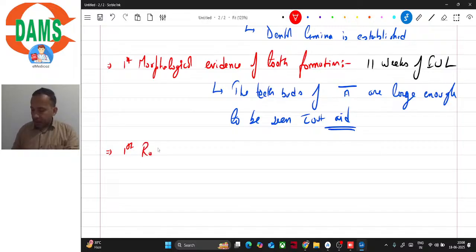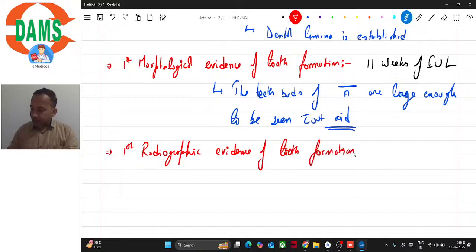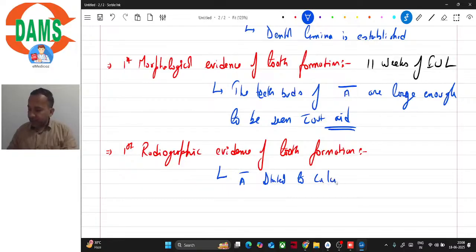So first radiographic evidence of tooth formation. So again, this first radiographic evidence of tooth formation is seen when the lower central incisors, primary central incisors, have started to calcify.